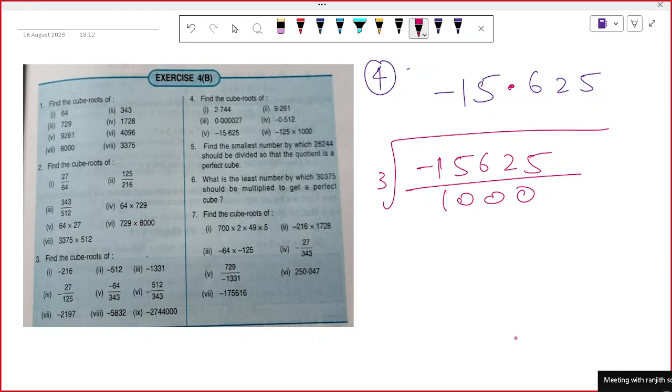So the answer will be, sorry. What is it? Did you solve it? So one second.